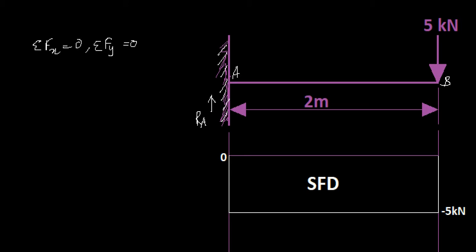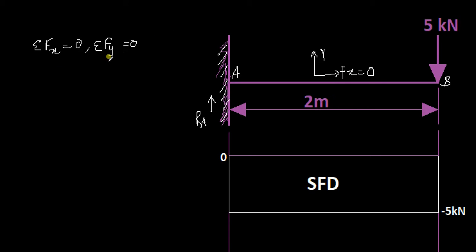For equilibrium, there are no axial forces, so there are no forces in the x direction. That's your x direction and that's your y direction, and there are no forces in this direction. So the forces in the x direction are zero already, and you only need to worry about forces in the y direction.